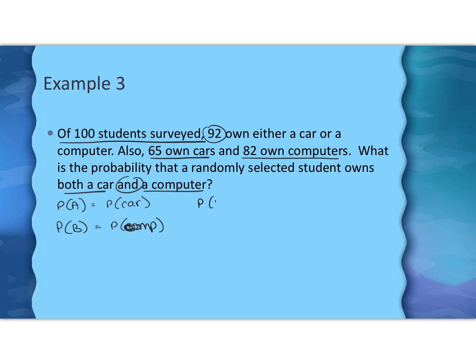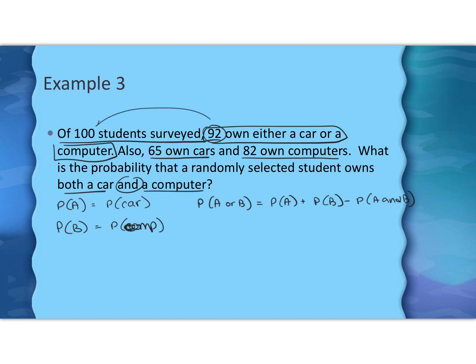So remember that the probability of A or B is going to equal the probability of A plus the probability of B minus the probability of A and B. So let's just start filling it in. Notice it says here, 92 own either a car or a computer. So 92 out of 100 represents the people who own either a car or a computer.